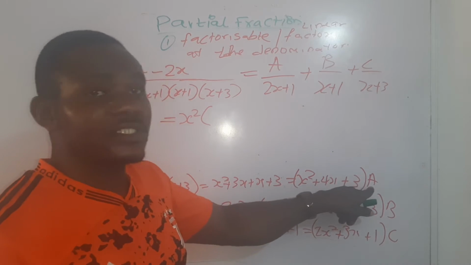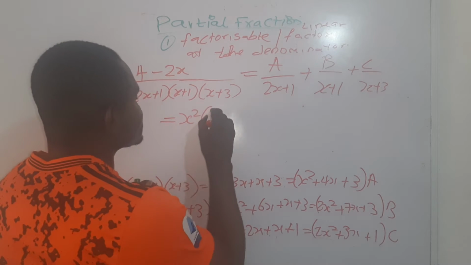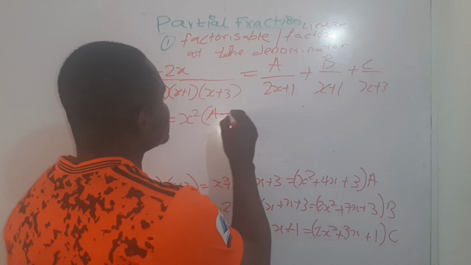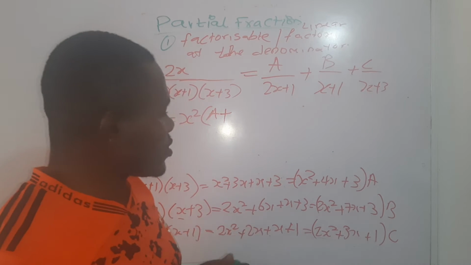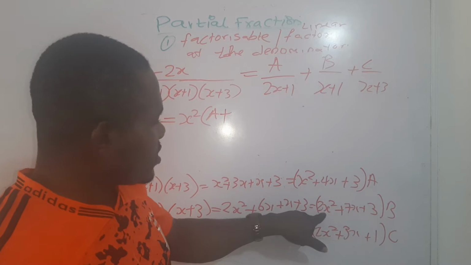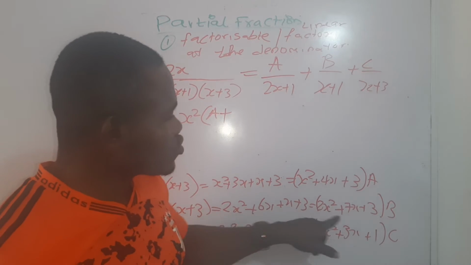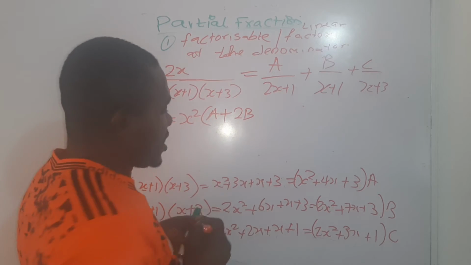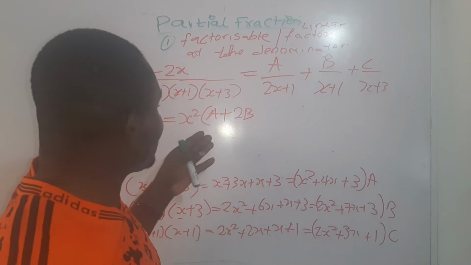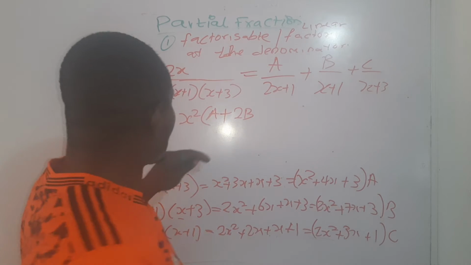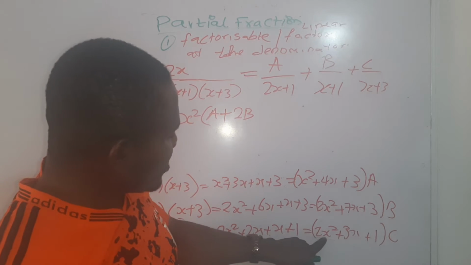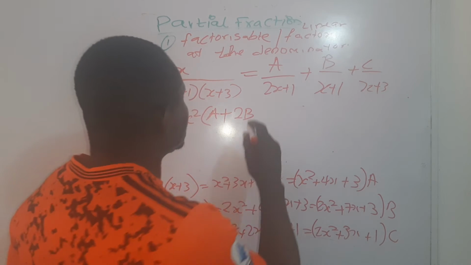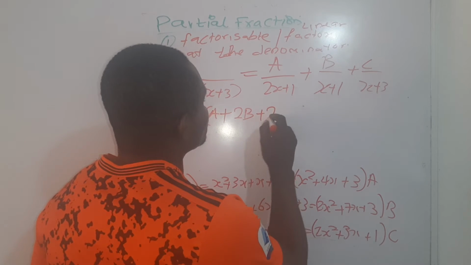1 times A, that is A. Then plus, when you remove s squared here, what remains? 2. 2 times B, you have 2B. I've expanded everything, but we are not having space here. Then, when you remove s squared from here, 2 remains. 2 times C, plus 2C.